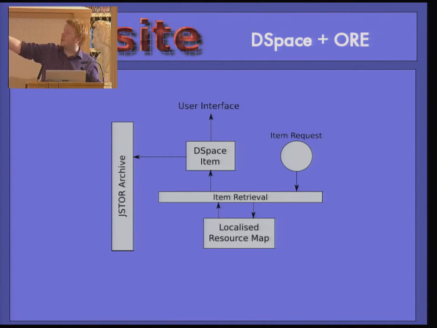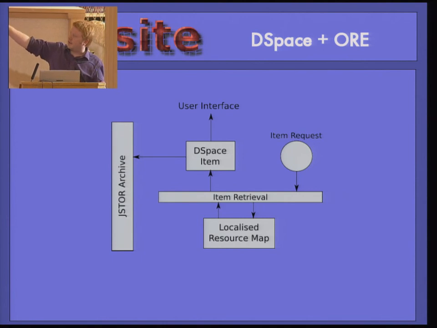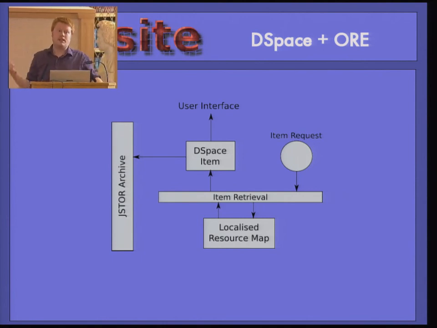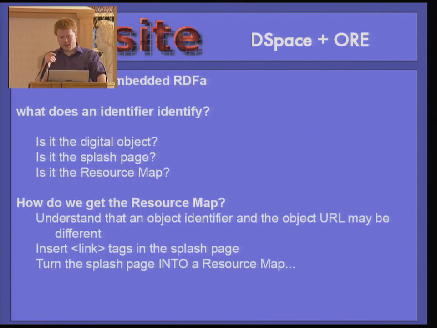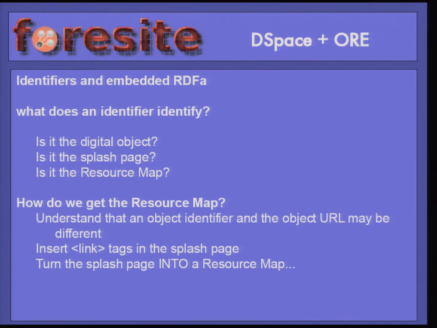We'll turn that into an item, and the DSpace item will be sent to the user interface. But the files that the DSpace item has are actually not real files at all. They're simply links to the files that exist in JSTOR. So in that sense, DSpace is actually a repository only of resource maps, but the user interface is presenting a traditional archive. Any questions at this stage?